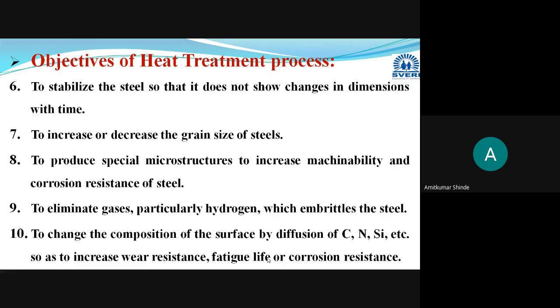The next objective is to stabilize the steel. What is the stabilizing process here? You may have observed that whenever we use any component or material, suppose steel, as time passes, say after 1 year, 2 years, or 3 years of manufacturing, there will be certain changes in its dimensions.